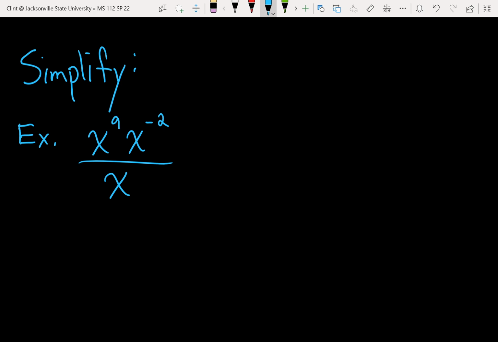We should add them, but since this one's negative, then yeah. What we end up with, if we simplify one step, on the top we have 9 plus a negative 2, or 9 minus 2, whichever way you want to think about that.